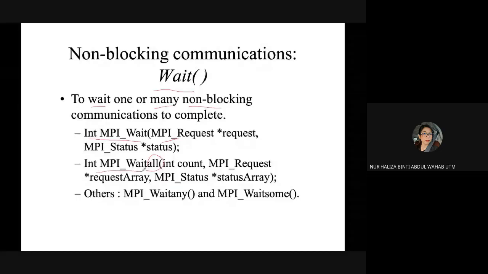Or others, you can use Waitany and Waitsome. So you can see you have several: Waitall, Waitany, or Waitsome. They are still under your wait functions for non-blocking communication. And now you look into the test.